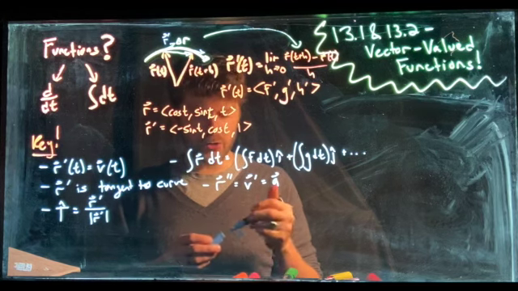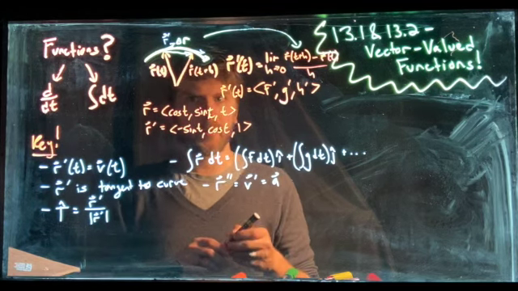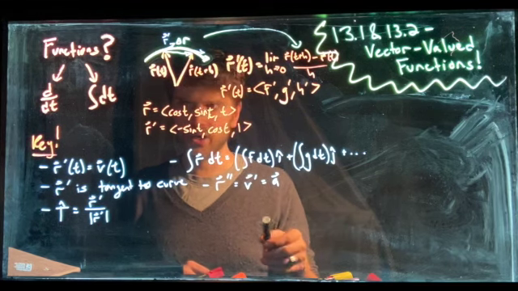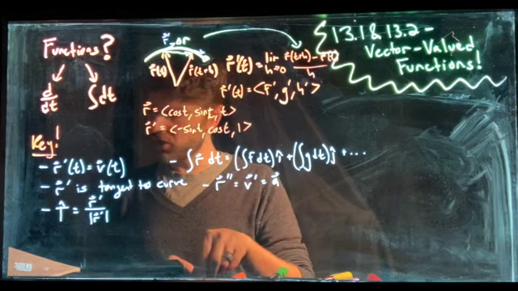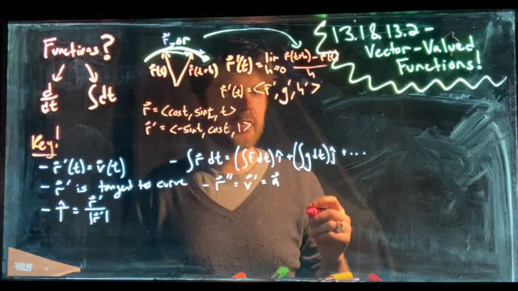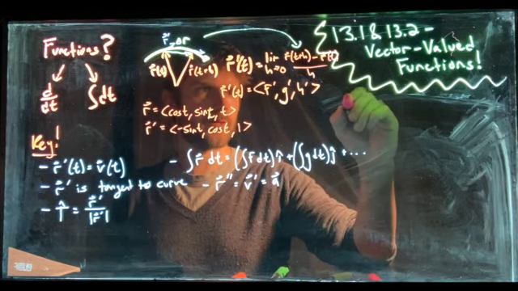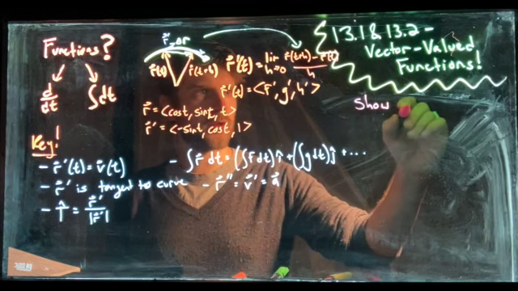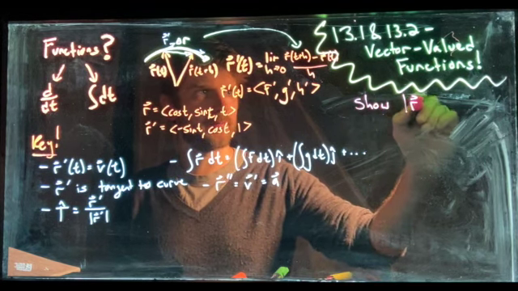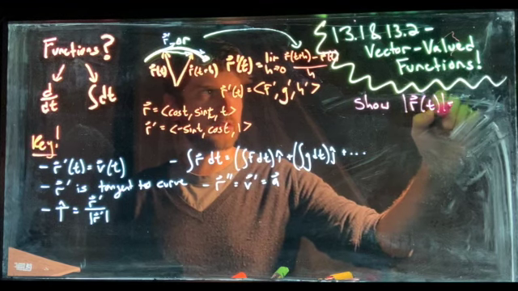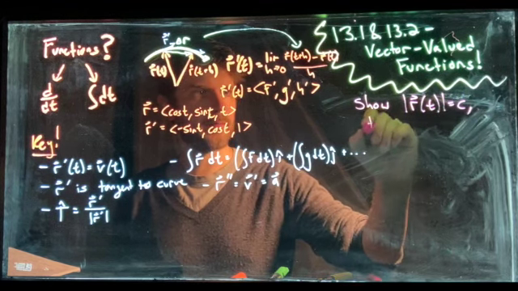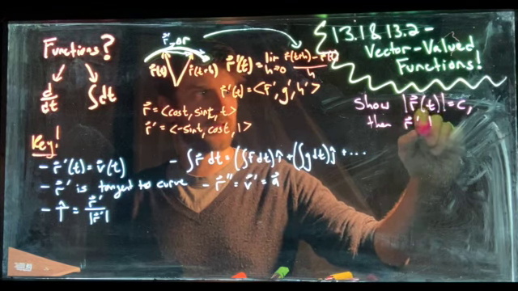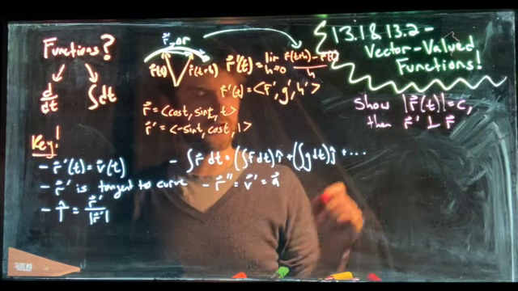So I want to do just a quick worked example. This does come up on your problem set, and so I thought it was worth doing because it's a little strange. The question asks you to show that if the magnitude of r is constant, then r prime is always perpendicular to r.